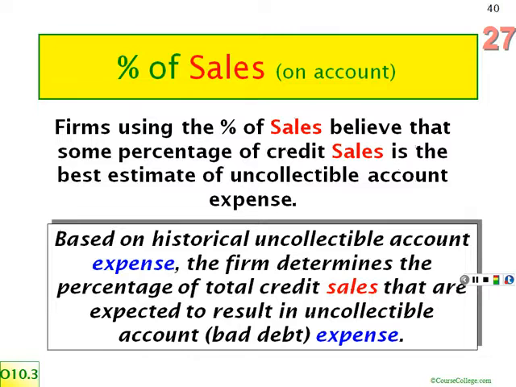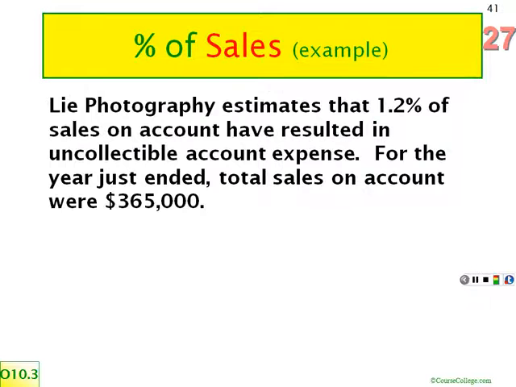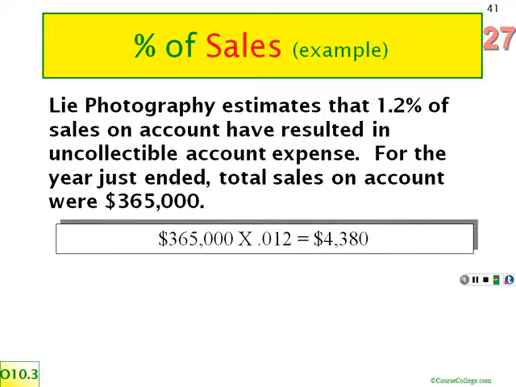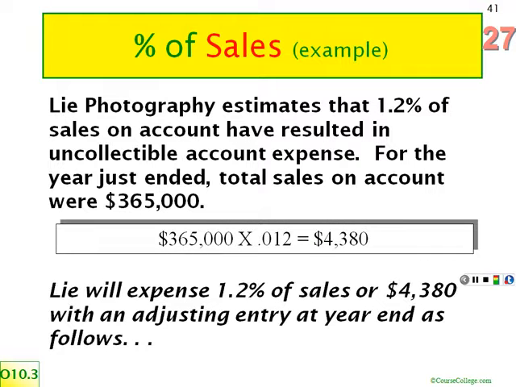Now, the easier of the two methods is the income statement focus method. This simply says something logical too. It says, go look at the income statement. Look at the historic totals of sales on account, track those totals, and find out which ones didn't come back to you in payment. That's a pretty good percentage. So it's a straight percentage of sales on account.